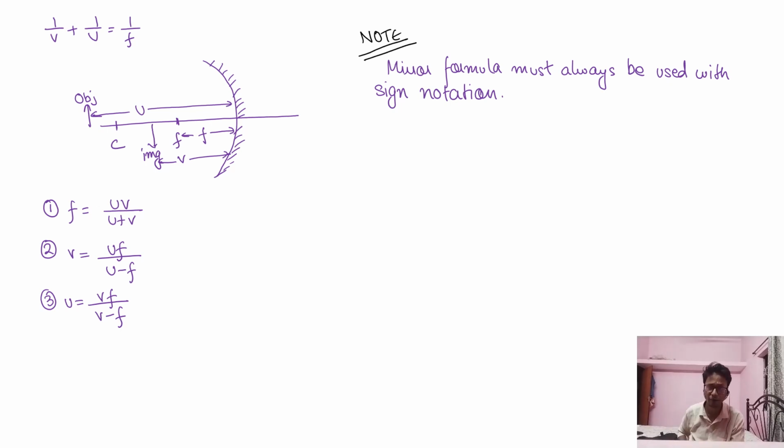What do I mean? It means that while using the mirror formula, you have to take one side positive and the other side negative. Either you can take this side positive and this side negative. How to take the sign convention we'll learn on the next slide. But just remember, while using the mirror formula you always have to take care of the sign convention, and this out here is the mirror formula.